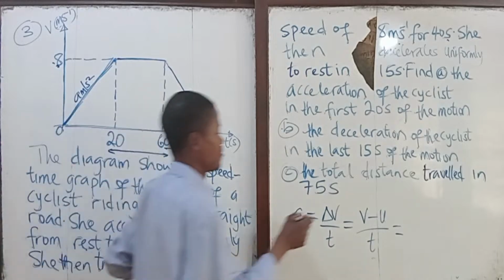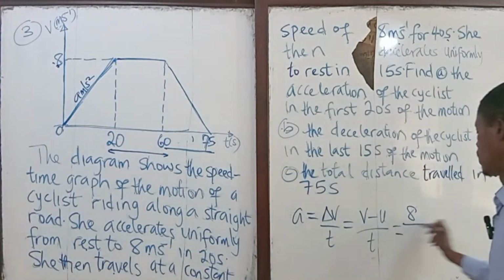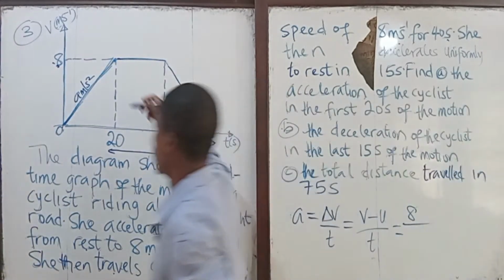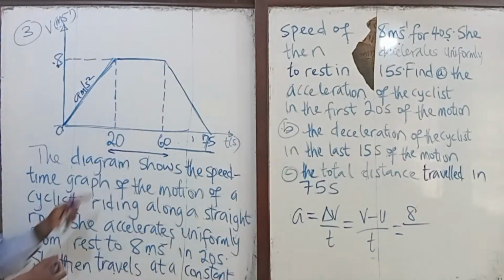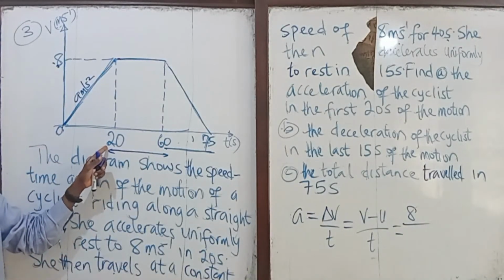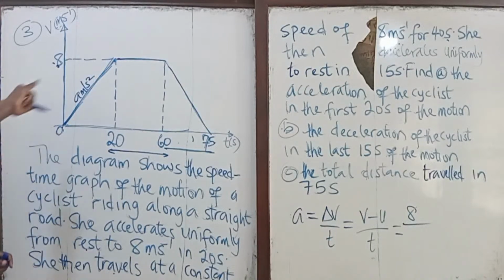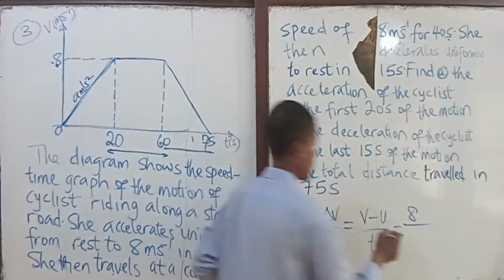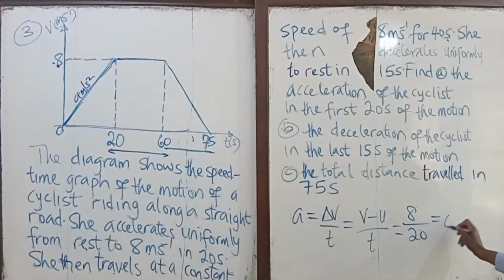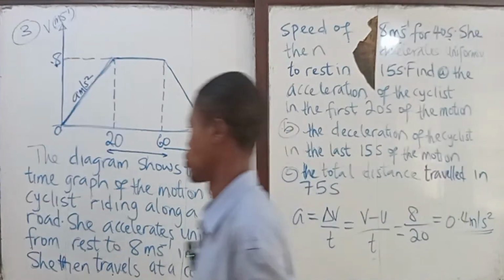So that's 8 minus 0 over time. It does that in the first 20 seconds. The first triangle of the motion will give you your acceleration, over 20. That's 0.4 meter per second square. That's your acceleration.